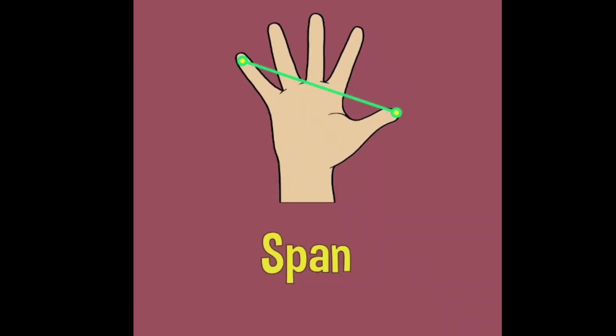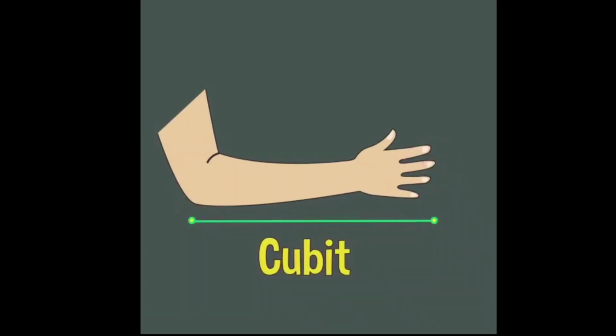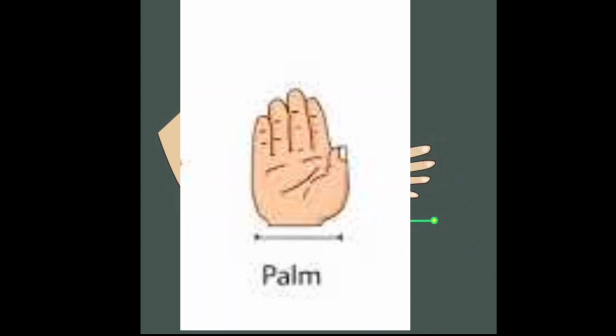The first one is hand span. Hand span is nothing but the measurement of the length from the tip of the little finger to the tip of the thumb. The second one is cubit. Cubit is the distance from your elbow to the tip of the fingers. It is what we call cubit.